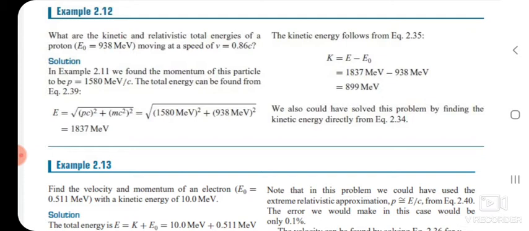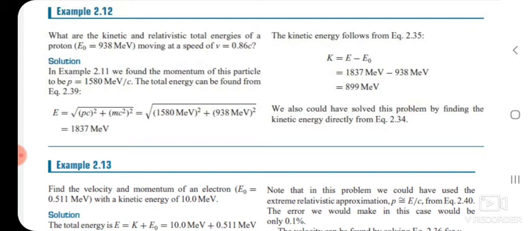If we substitute that value, (1580 mega electron volt) square plus (938 mega electron volt) square, and simplify, you will get E is equal to 1837 mega electron volt.